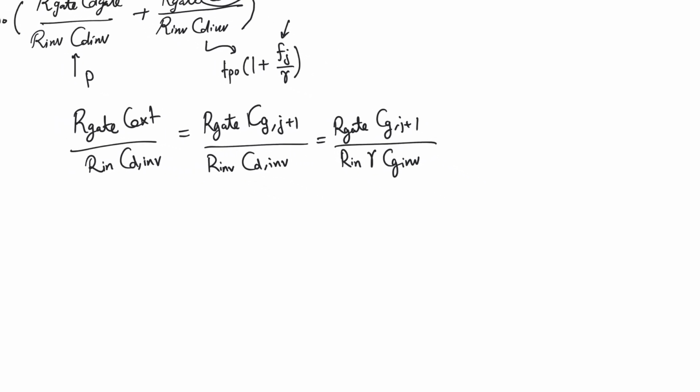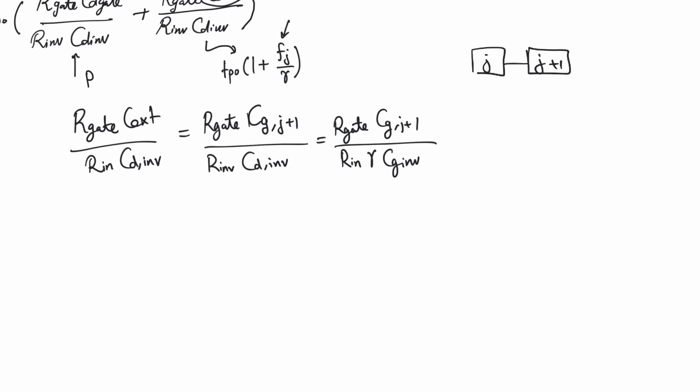The second problem is that when we talk about fan out, we want to see the fan out of the next stage relative to the current stage. We are at gate J, and the next stage is J plus 1. We want an expression of how much bigger gate J plus 1 is relative to the current gate J. So we want C gate for gate J to make an appearance.